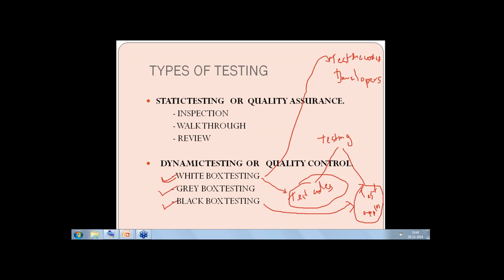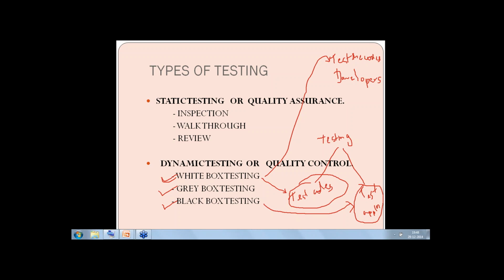Similarly, if I am doing black box testing, that's part of your dynamic testing again. Black box testing is a process to test the application from an end user's perspective, like you and me using the application, and checking that the application is working fine according to what is defined in the requirement documents. That's your black box testing.